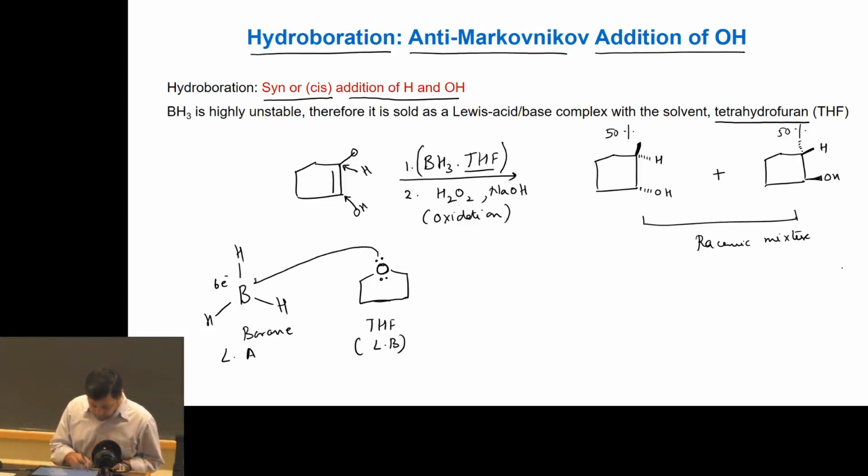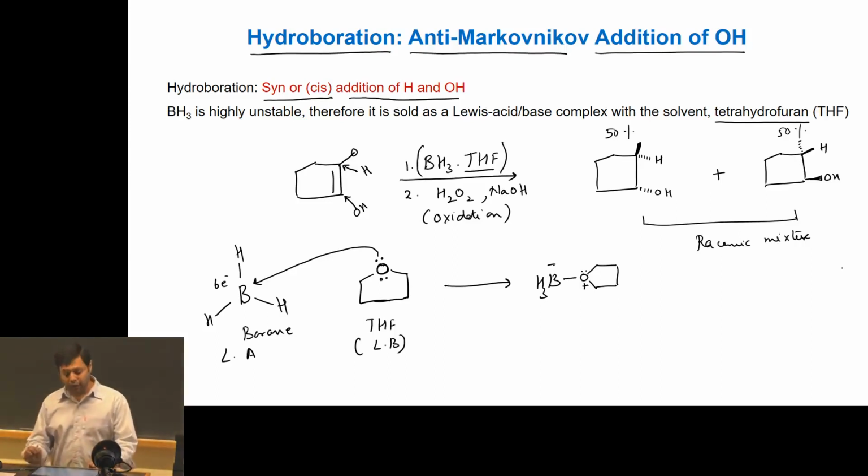Oxygen will give a pair of electrons to boron. As a result of that, you'll form a bond between boron and oxygen. Oxygen now has 1 lone pair, 3 bonds, formal positive charge. Boron has 4 bonds, formal negative charge. So this complex is the BH3-THF complex.